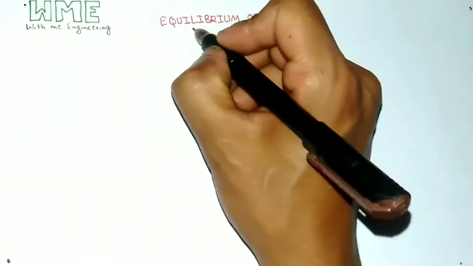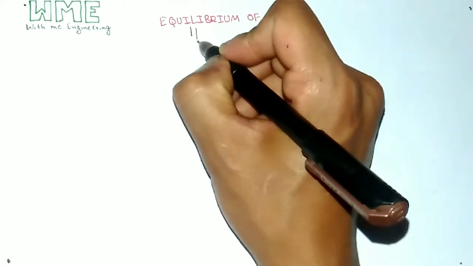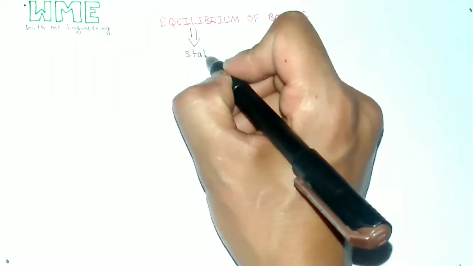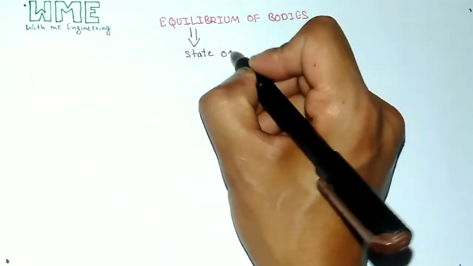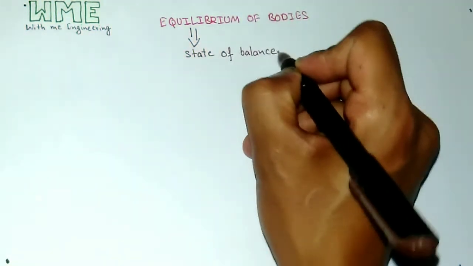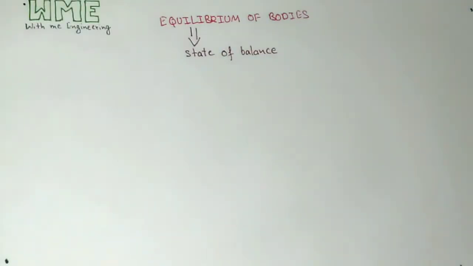The equilibrium of a body means a state of balance of a body, or a condition of balance of a body. That is the meaning of equilibrium of a body.